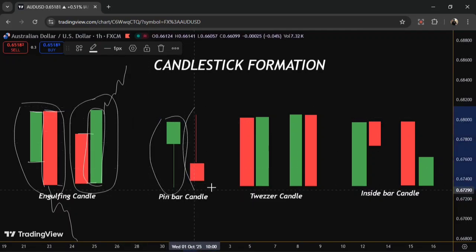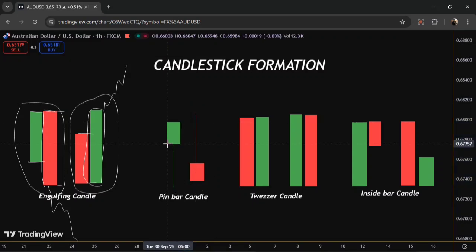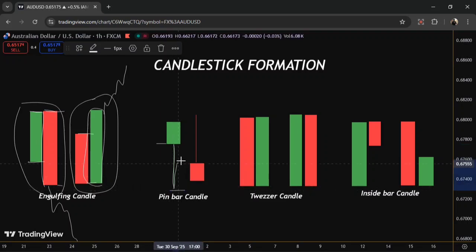What the psychology states behind this candle is simply that when the candle opens, it trades below, and at this point, for whatever reason, buyers start gaining momentum, pushing price, and it closes above the open price, giving buying momentum. So price might likely continue buying after the formation of this candle.